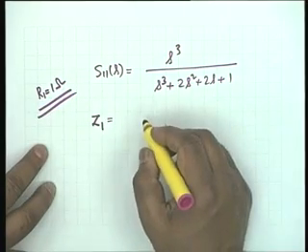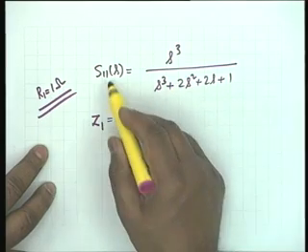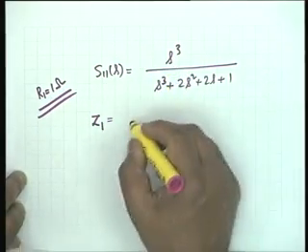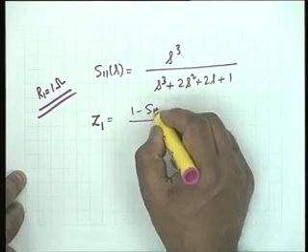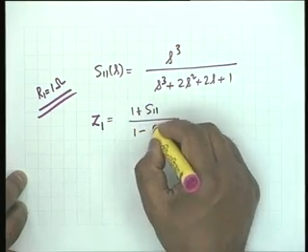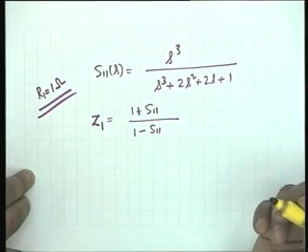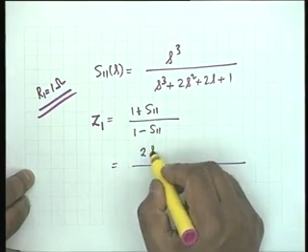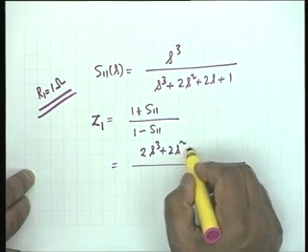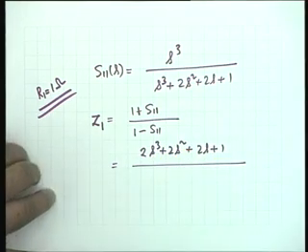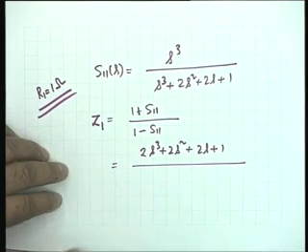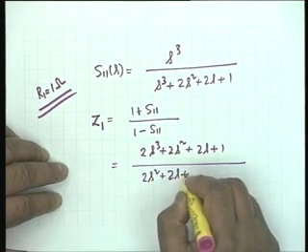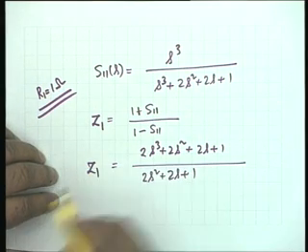Then this would be 1 minus S11 divided by, no, it is the other way around. It is 1 plus S11 divided by 1 minus S11. So this is equal to twice S cubed plus twice S squared plus twice S plus 1, and in the denominator we shall have simply twice S squared plus twice S plus 1. This is my input impedance.